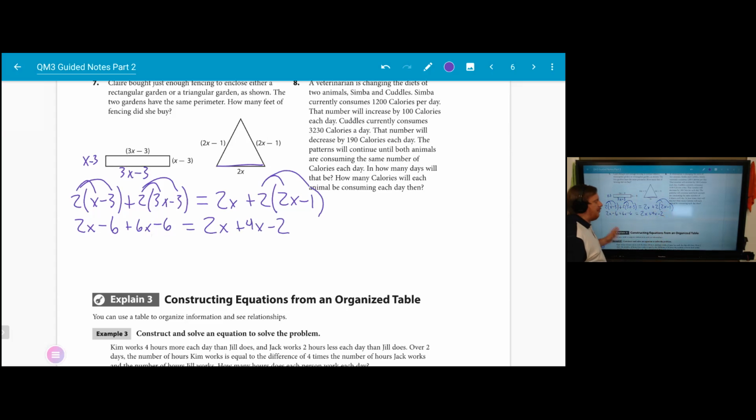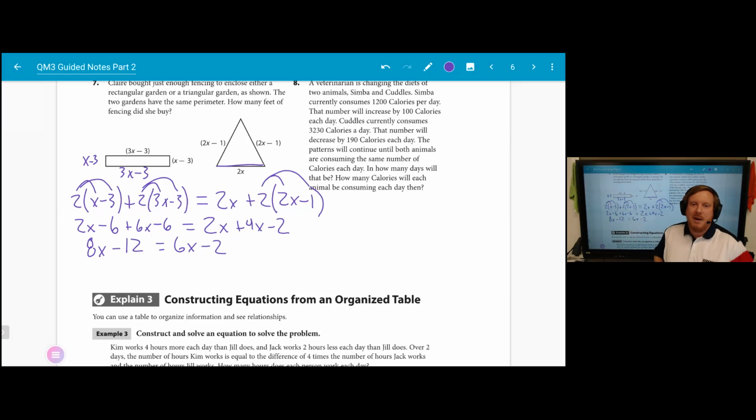Now, before we do some moving around, gather the like terms, or collect like terms. So anything with an x over here, positive 2x, positive 6x is 8x. Minus 6, so minus 12, or negative 6 and negative 6. On the right-hand side, I've got 6x minus 2. Now, I'm going to make sure that I have positive numbers this time.